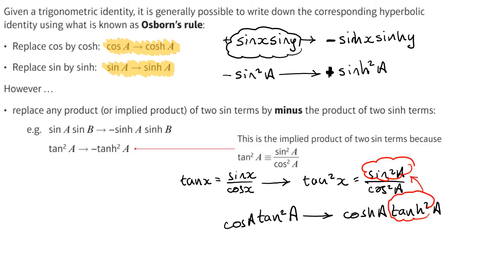So this would have to have a negative sign. So this easily allows us to convert between a normal trig identity to one of these hyperbolic identities.